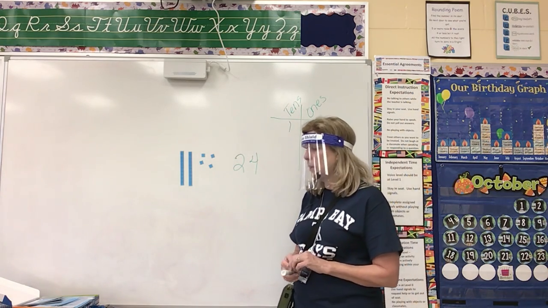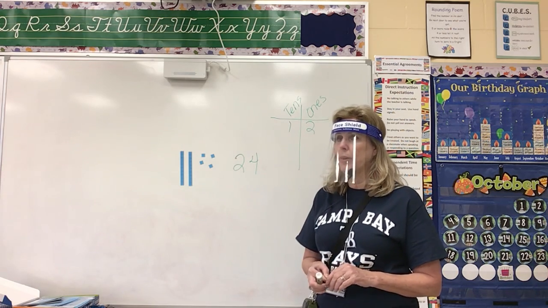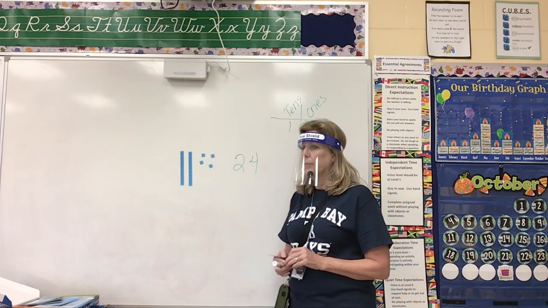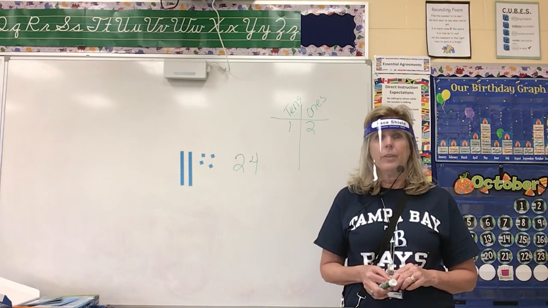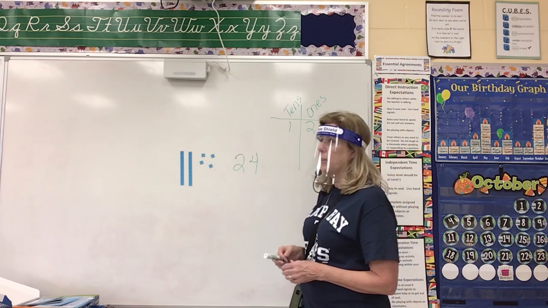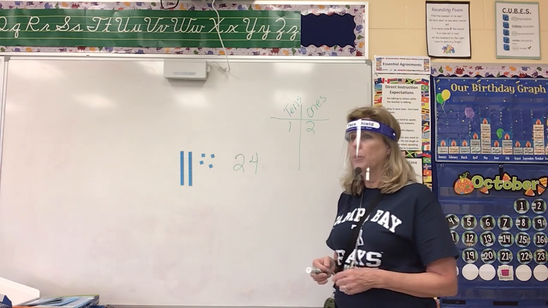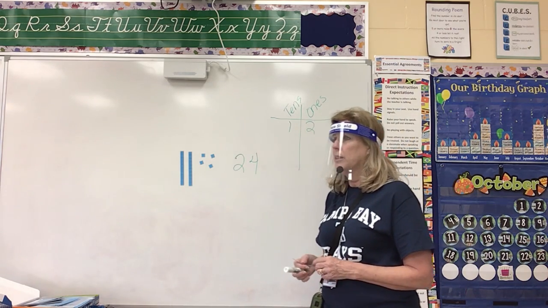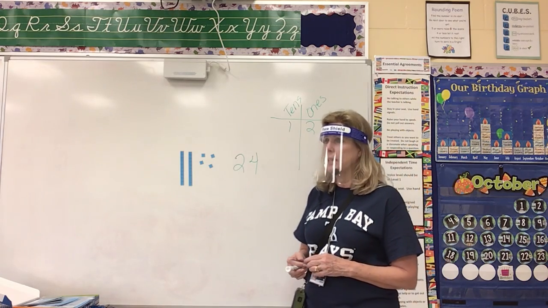You can go ahead and write how many tens you have while you're waiting for the others. Did everyone circle their groups of 10? Is there anyone who's still not? Okay, so we all have those done.